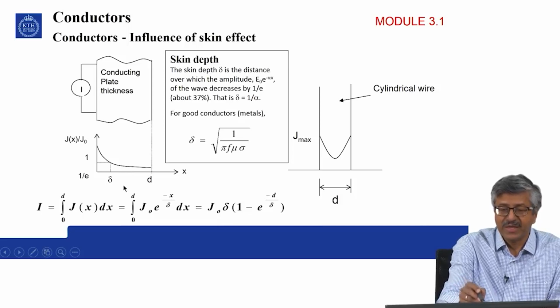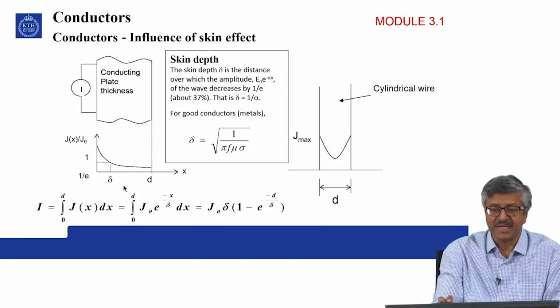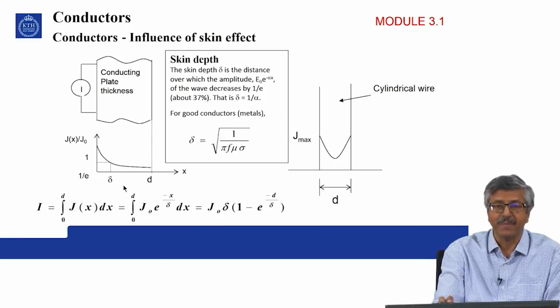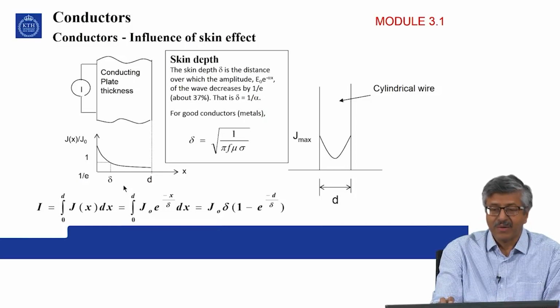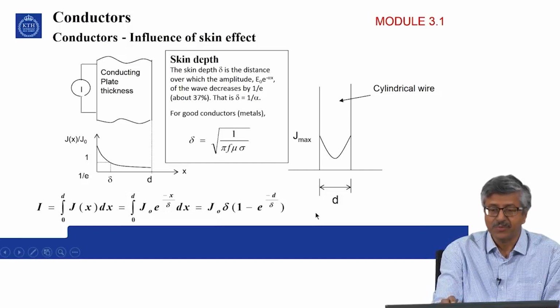So, then you can define a condition like this. The skin depth delta is the distance over which the amplitude E0 e to the power of minus alpha x of the wave decreases by 1 by e. That is, alpha is the propagation constant that you have seen in chapter 2.